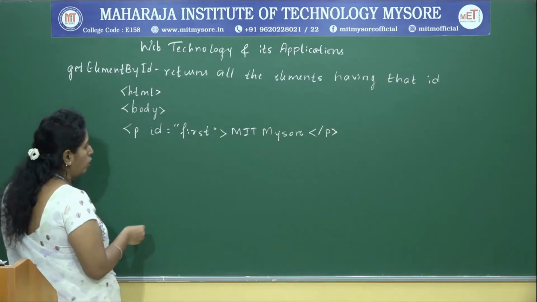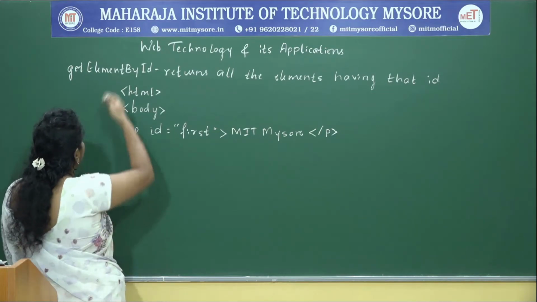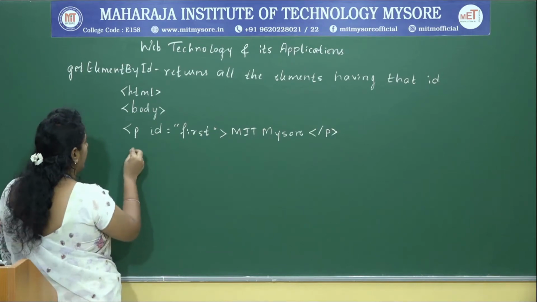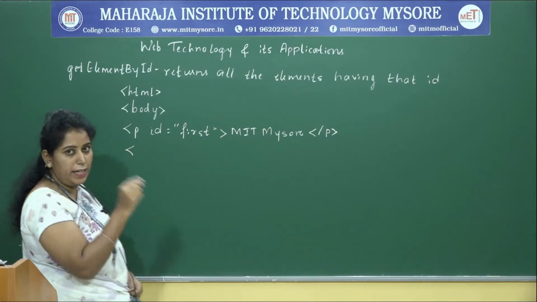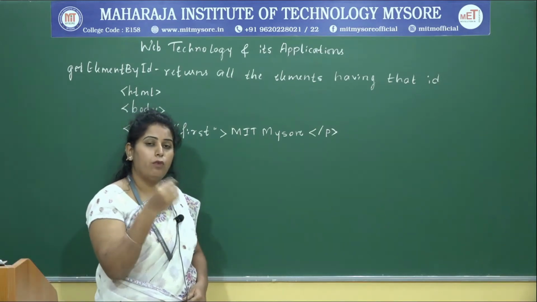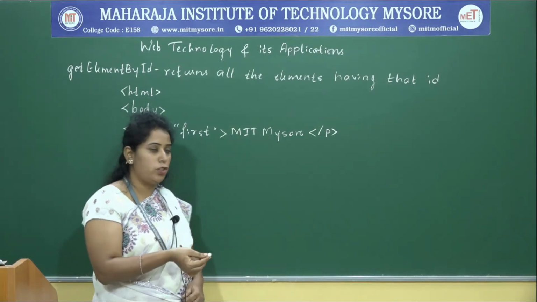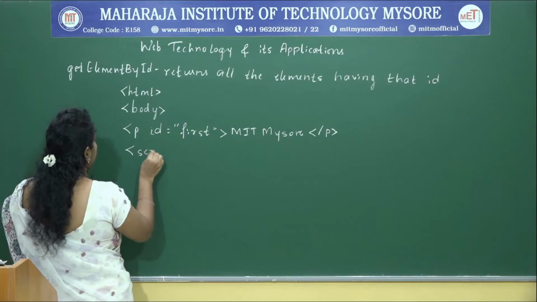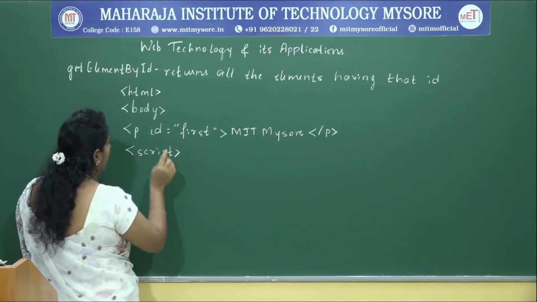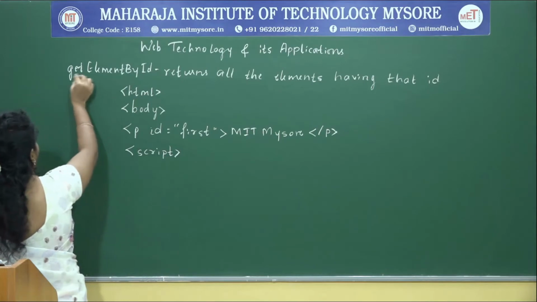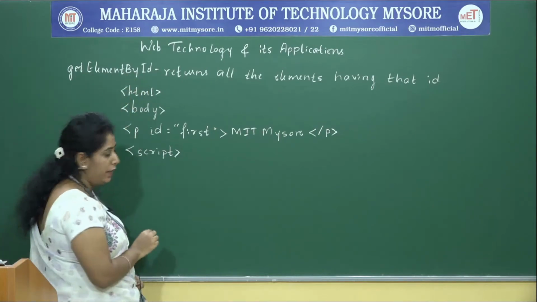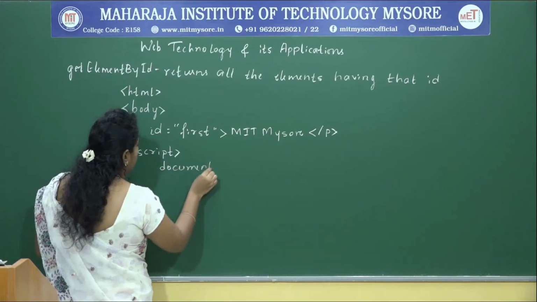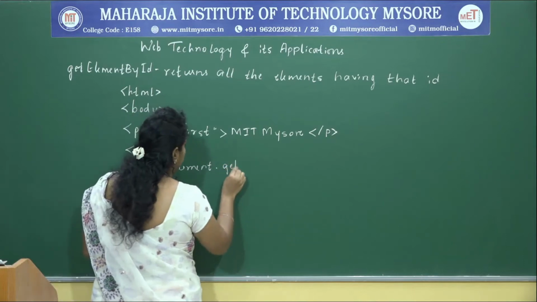Now I have to illustrate getElementById, so for that I am taking a script tag. As you all know, how do you embed JavaScript into an HTML document? Inside the script tag, right? So open the script tag, and call this method in this way: document dot getElementById.